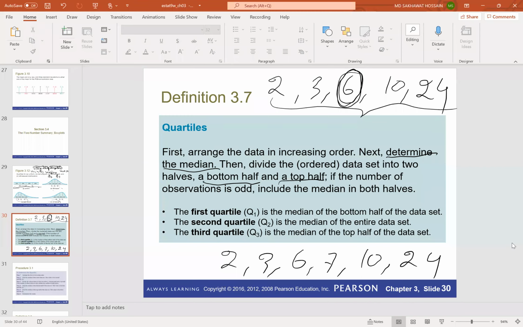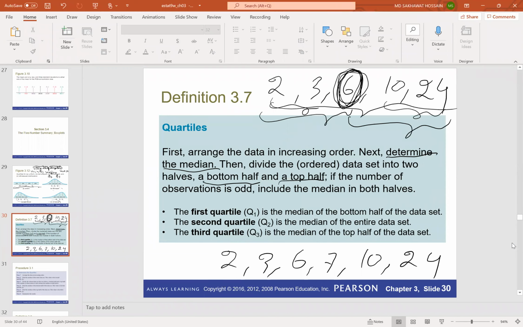Now on the left side, we have these two numbers, and on the right side, we have these two numbers. But when we calculate, since the median is 6, if you want to calculate Q1 in this case, you need to include this number on the left side of the data set, and you need to include this number when you calculate Q3 as well.